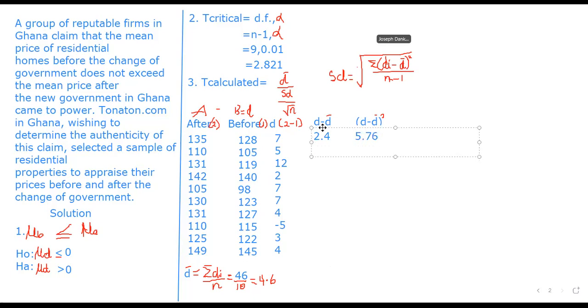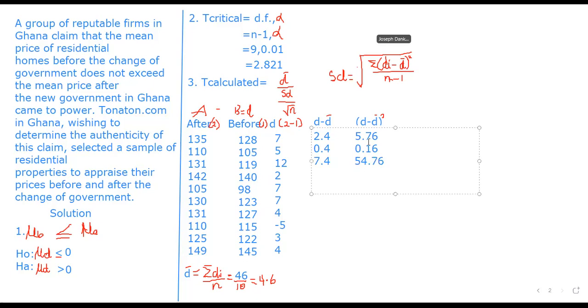Okay, so let's move on. The next one is 0.4. You get 0.16. For the next one, 7.4, squared is 54.76.